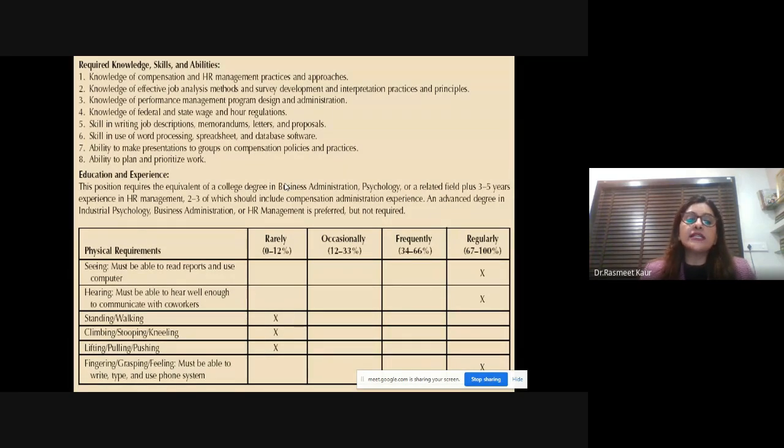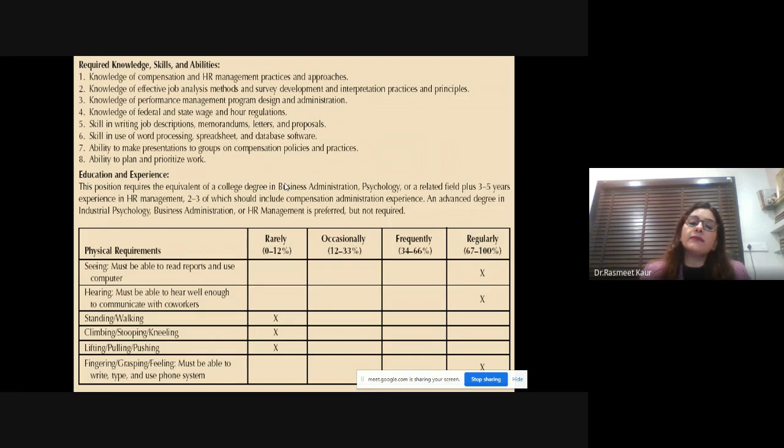And I've also listed the physical requirements I'm looking for in that particular individual. For a compensation manager, this is going to be more of an office job. He is not to run from one end to the other. So if he has certain disabilities, let's say he is not able to walk or stand properly, or lift, push, pull, or kneel down, that is not the prime requirement.